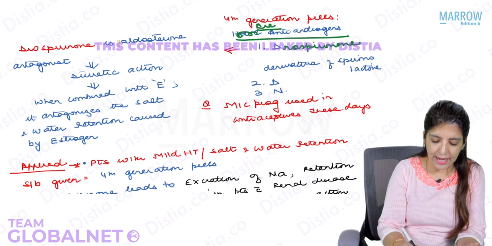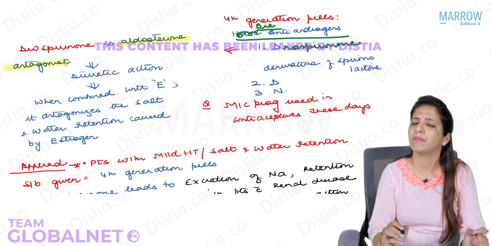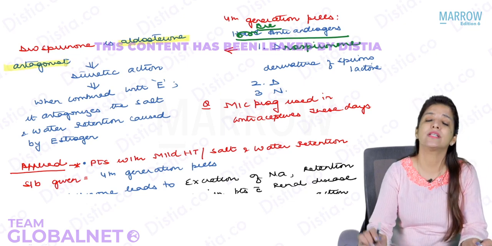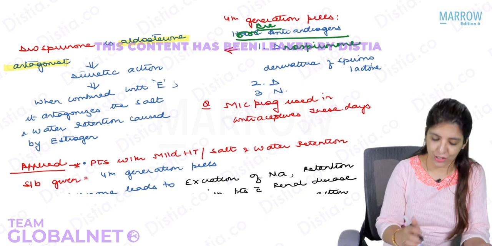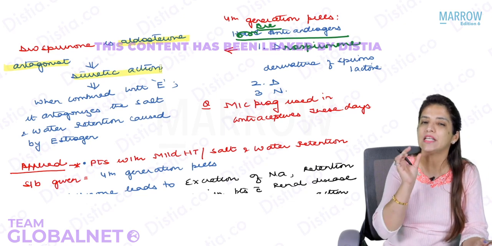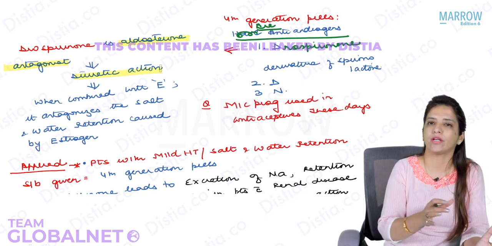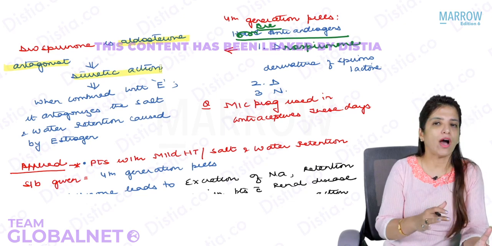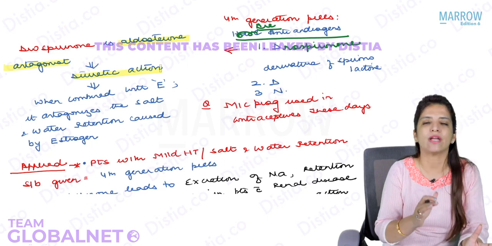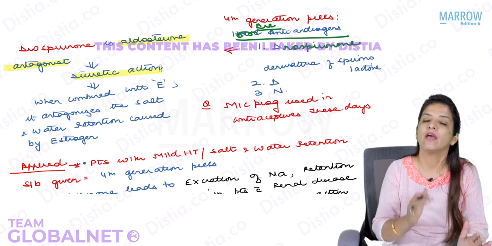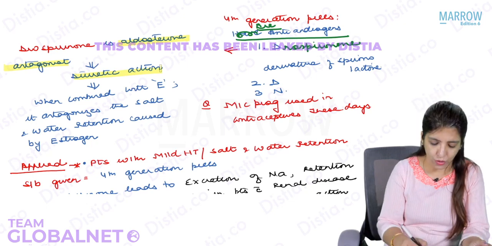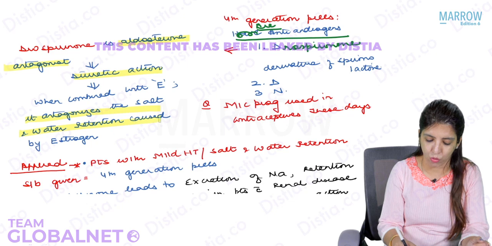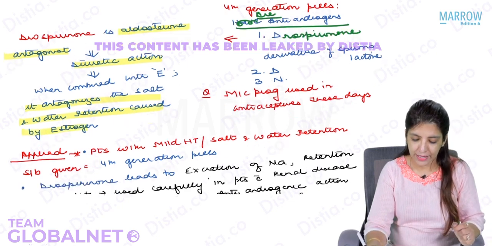Drospirenone is an aldosterone antagonist, and because it's an aldosterone antagonist, it will have a diuretic action. All of you know that estrogen leads to salt and water retention. So if I am using drospirenone as the progesterone component, because it has a diuretic action, it is going to antagonize the salt and water retention which is caused by estrogen.